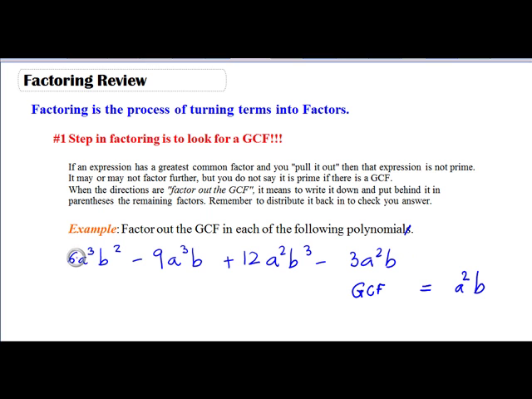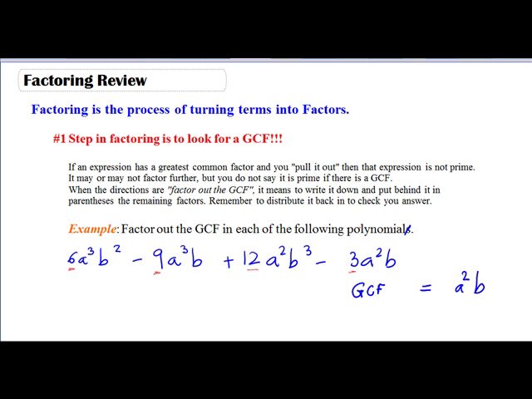Now for the numbers, which are 6, 9, 12, and 3. You try to find the number that can divide evenly into these four numbers. So I see that 3 goes into 6 twice evenly, 3 goes into 9 3 times evenly, and 3 goes into 12 4 times evenly, and 3 goes into 3 one time evenly.